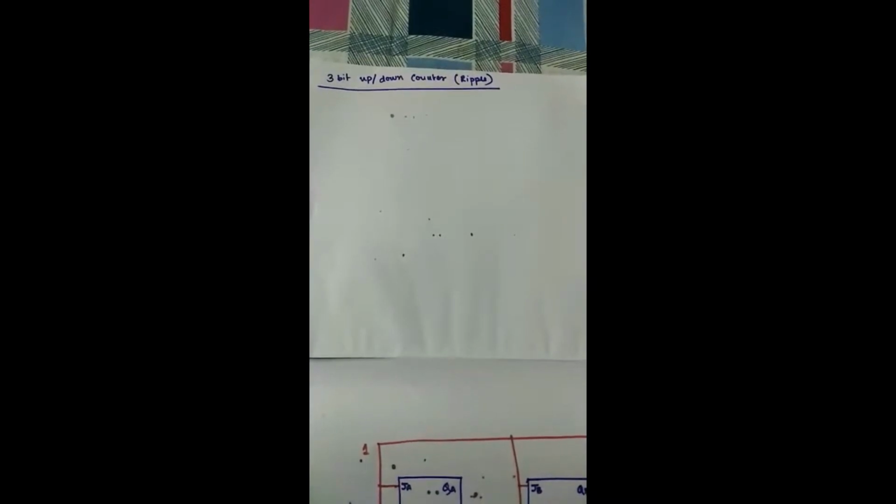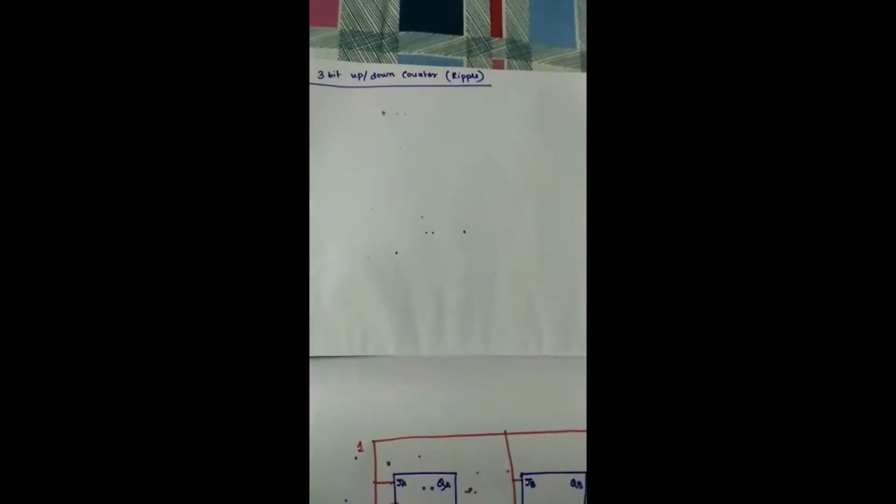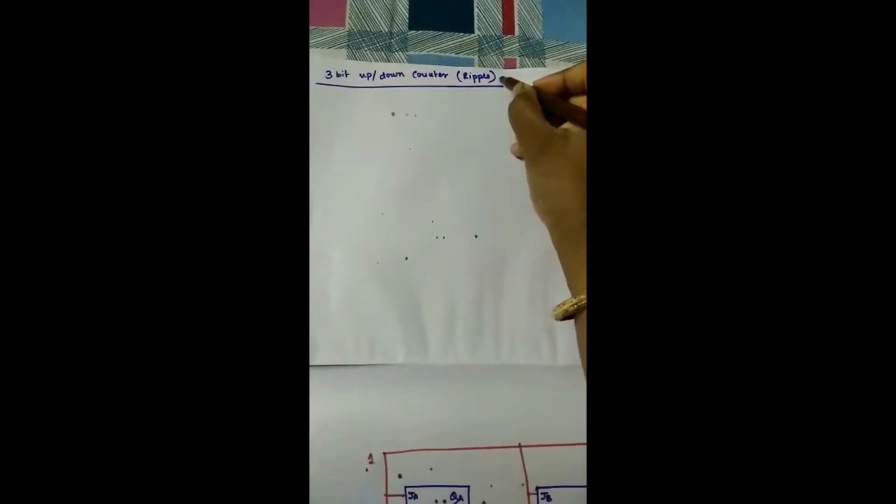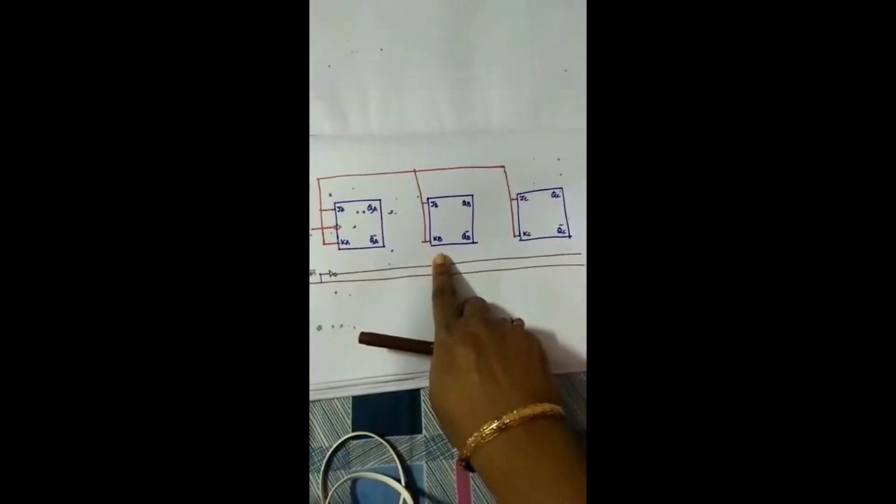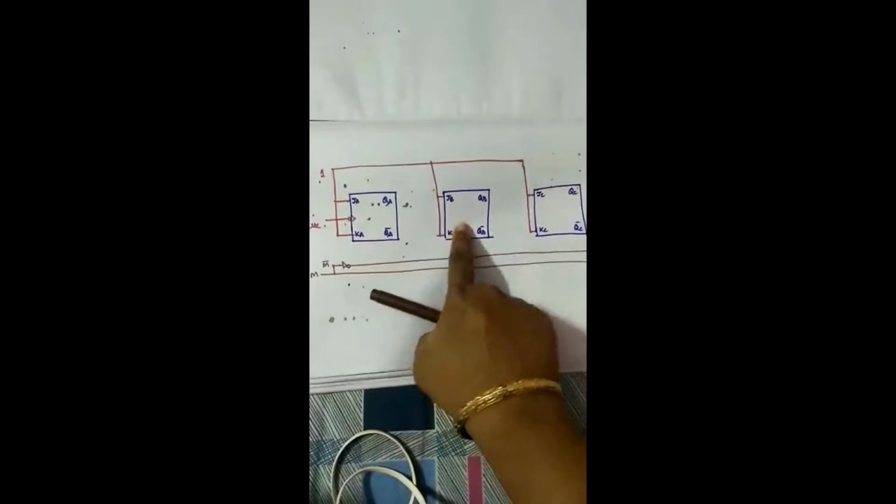So we are considering a 3-bit up or down counter, or we can call it a universal counter, and we are discussing the ripple one, that means the asynchronous one. So we are discussing the 3-bit asynchronous universal counter, which can count in either the upward or the downward direction. Suppose this is a 3-bit counter, so we require 3 flip-flops.